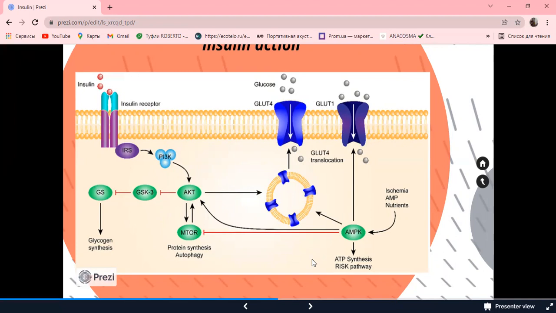At the same time, as I said, insulin stimulates the utilization of glucose in tissues. Some metabolic processes that are activated by insulin are here. For example, glycogen synthesis will be stimulated and protein synthesis will be stimulated.